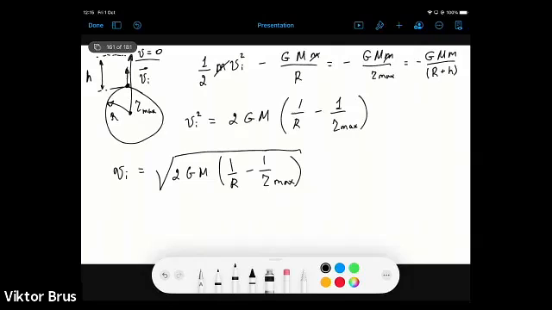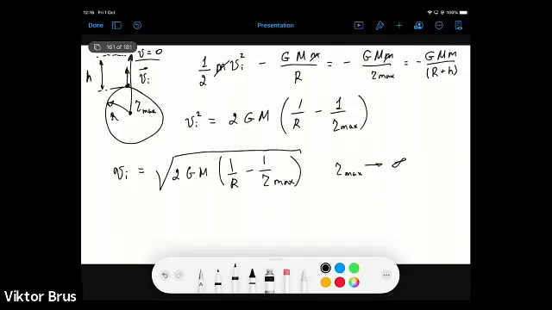So now we need to consider some specific case we're interested in. We are interested in the moment when the projectile can leave the planet completely and never come back. That means it should reach some distance from the center of the planet, this R maximum, that should approach infinity.